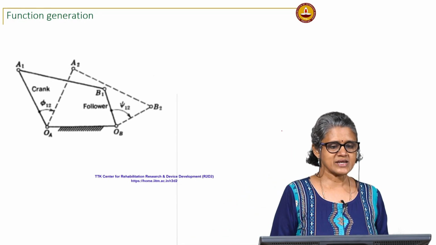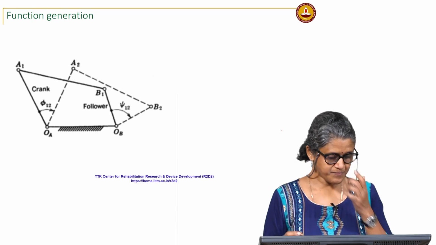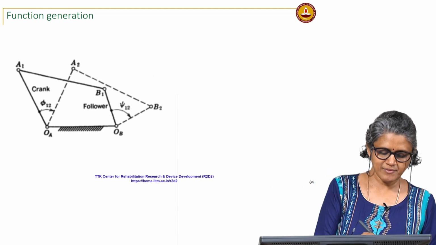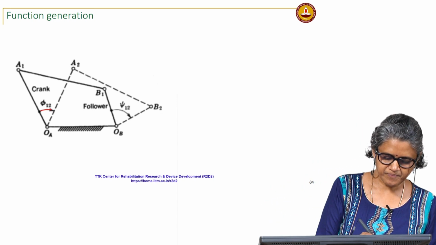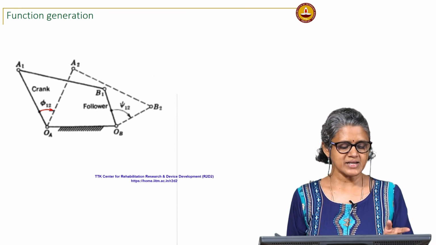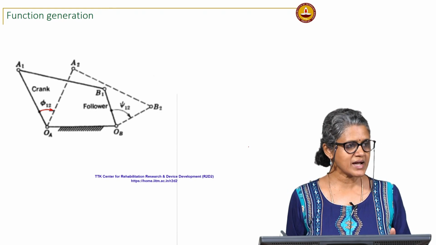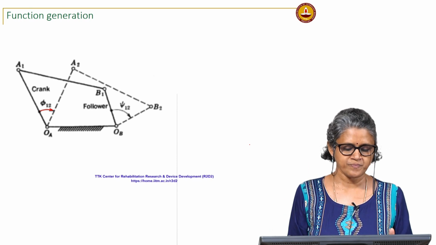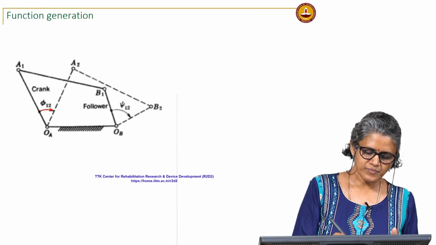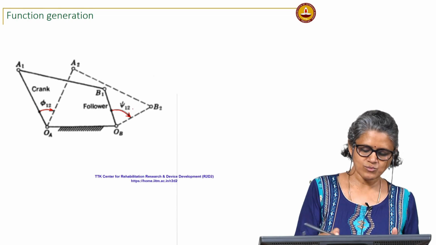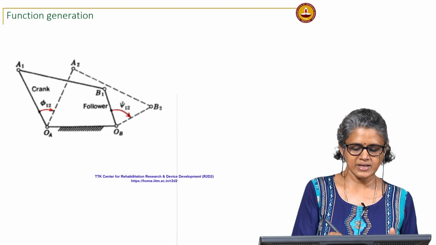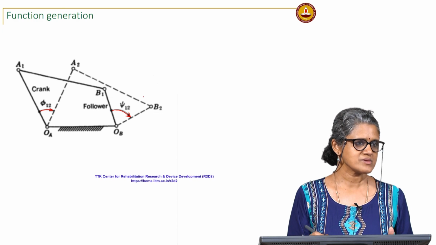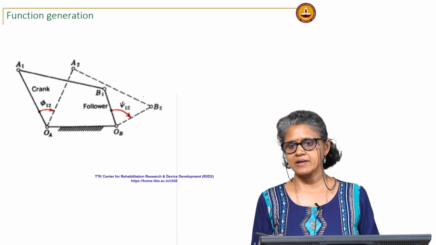Function generation is essentially, if you give the crank a certain angle, if you move the crank through a certain angle phi 1 2, where 1 2 is position 1 to 2, I want the follower to move through an angle psi 1 2. That is my design requirement.